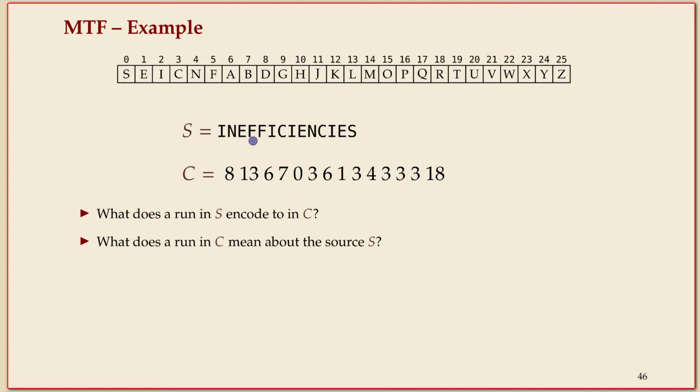If you look at these two F's here, now I wish I would have properly put this one below the other, but you may just make out what happens. If I have twice the same character in the source text, or in general a run, that translates into zeros in the coded text because I'm putting it at the front and then using it right away again.